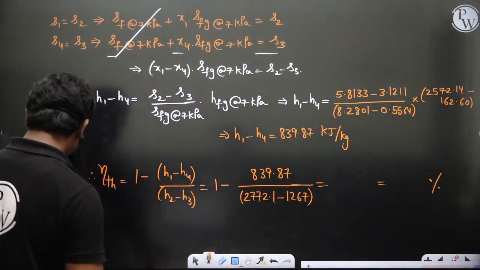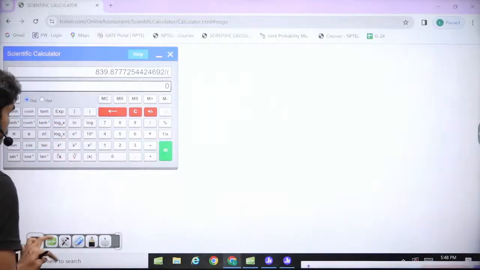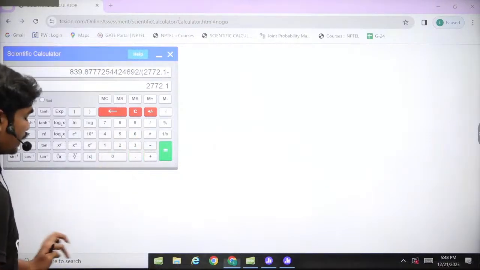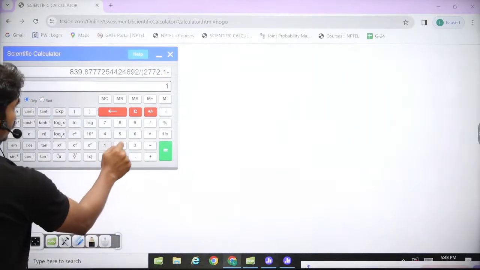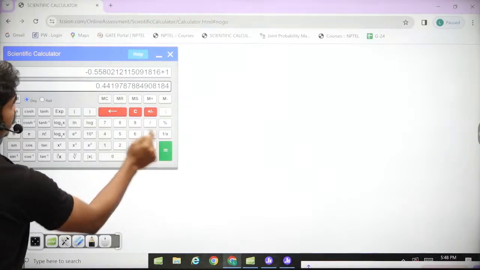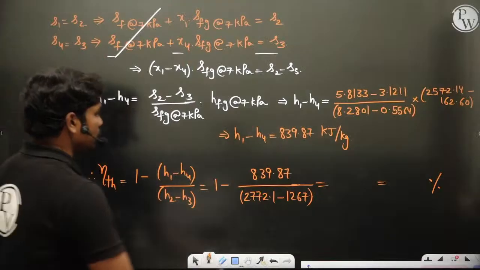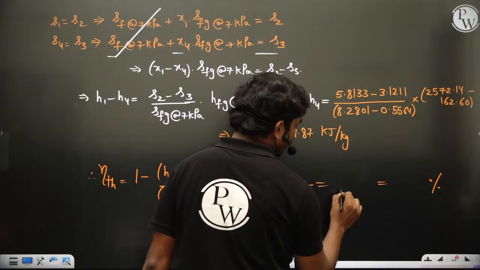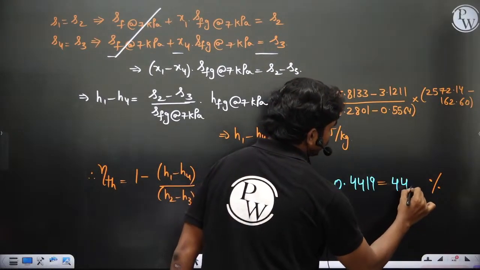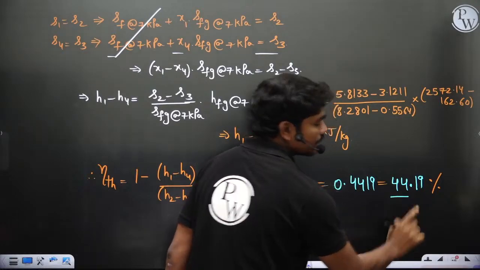So this 839.87 is divided by 2772.1 minus 1267. Okay, so this is the value. Subtract it from 1. This is going to be 0.4419, which is 44.19%, is what I'm getting.